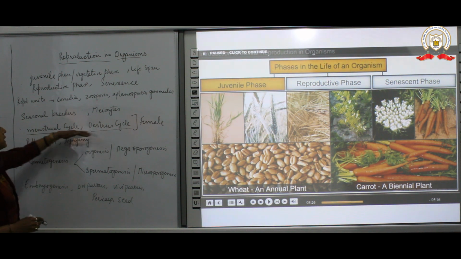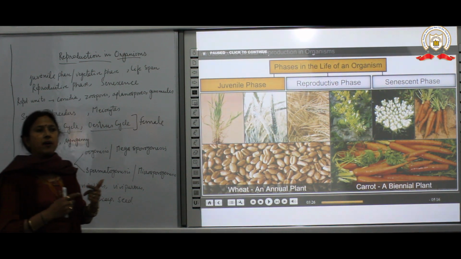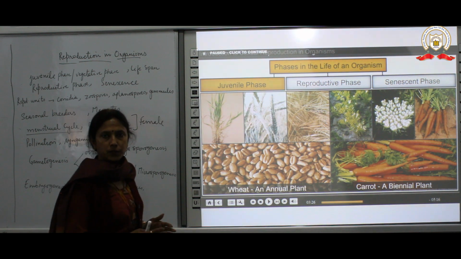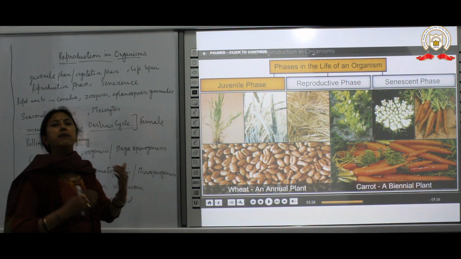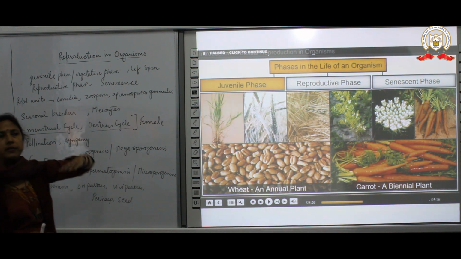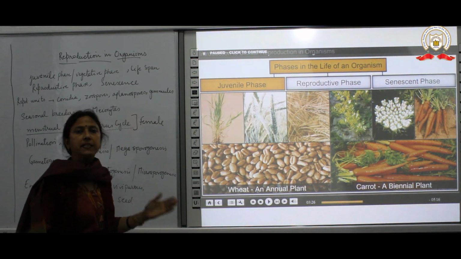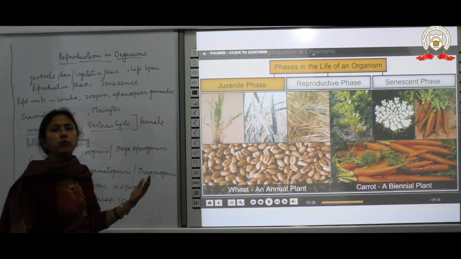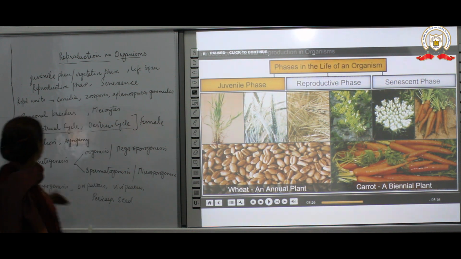Estrous cycle refers to the cyclic changes a female shows during its reproductive phase, and during this cycle it is capable of producing a female gamete, which can be used for the formation of a zygote.